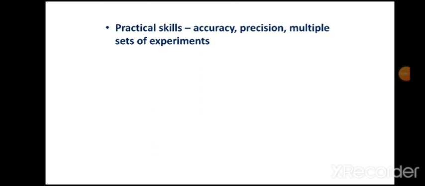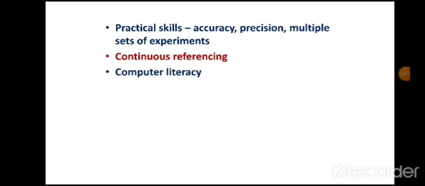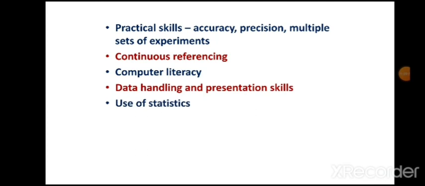You need to have accuracy, you need to perform the experiments with great precision, you need to perform the experiments multiple times, meaning multiple sets of experiments, and there has to be continuous reading of the literature, so that you can get more and more information, more and more ideas about the experimental work of your project work. Data handling and presentation skills are very important.